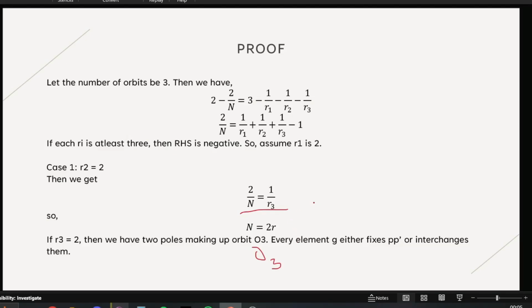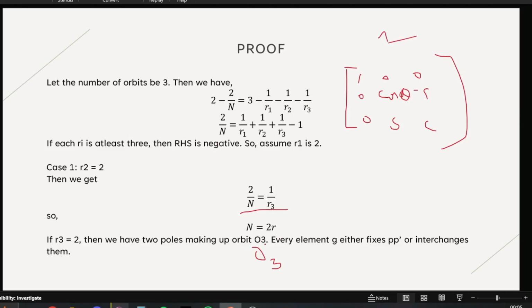The orthogonal group O3 is basically 1, 0, 0, cos theta, minus sine theta, sine theta, and cos theta. So this gives us one.